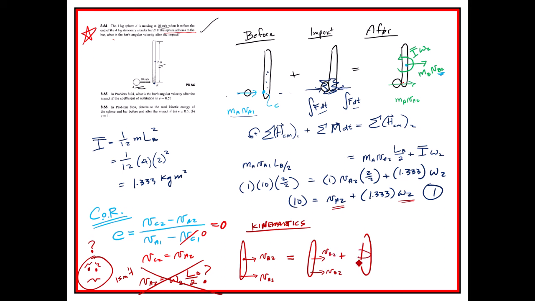That means we're going to pin it at VB2, and it's going to rotate, we presume, this amount, omega 2. So now we're going to have a VA with respect to B, and that is equal to omega 2 LB over 2.